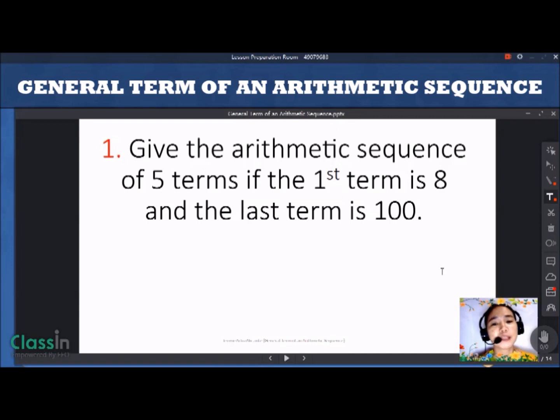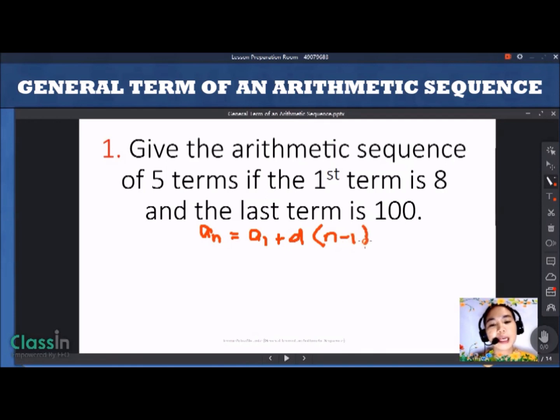Problem number 1. Give the arithmetic sequence of 5 terms if the first term is 8 and the last term is 100. Okay, following our formula, a sub n is equal to a sub 1 plus d times n minus 1.